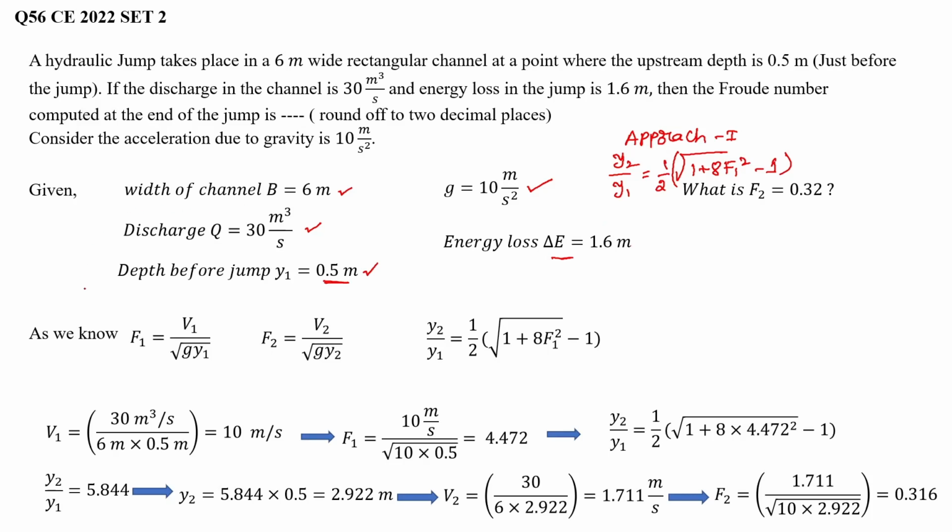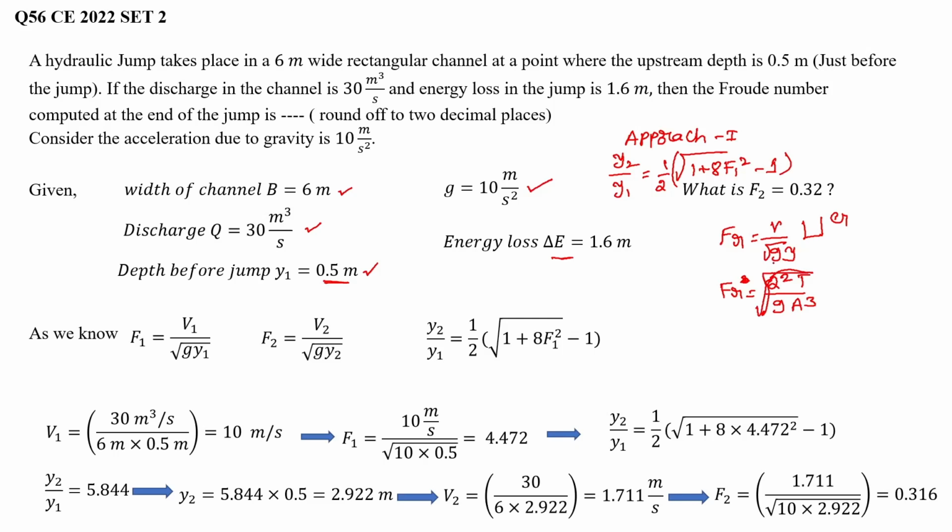So as we know, what is the Froude number for a rectangular channel? Froude number F1 equal to V1 divided by root over g y1. I have shown in the previous slide, Fr equal to V by root g y, which is exclusive for a rectangular channel. For the general case, it will be Fr equal to square root of Q square T by g A cube.